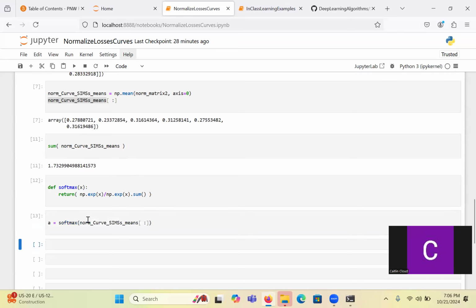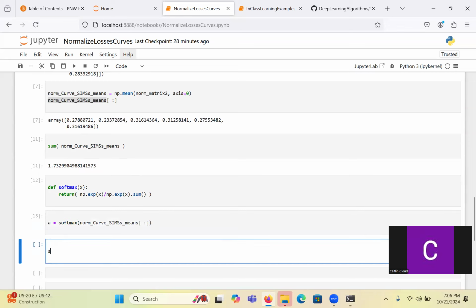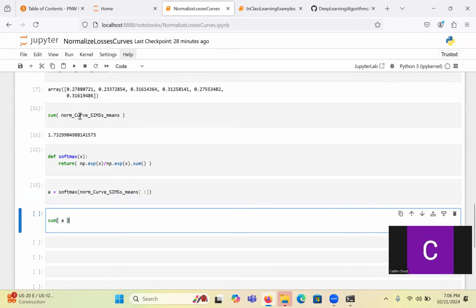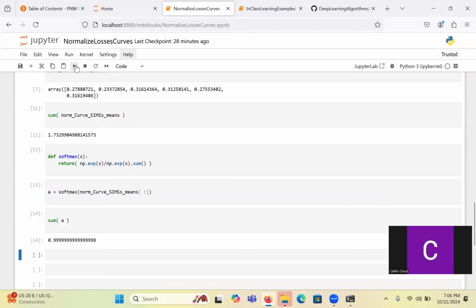And now we run it. I called it A. And now I do the sum of A. And it does indeed add up to 1. Got it? So for some reason maybe you would want to do this, although here it doesn't apply so much to this problem. Got it, guys? Are there any questions?